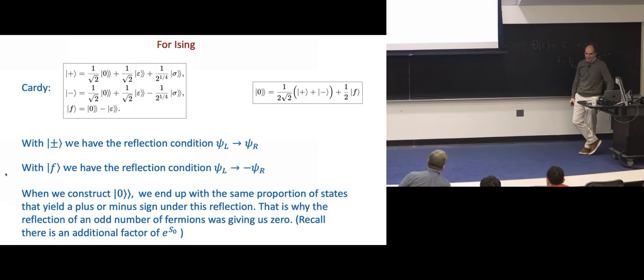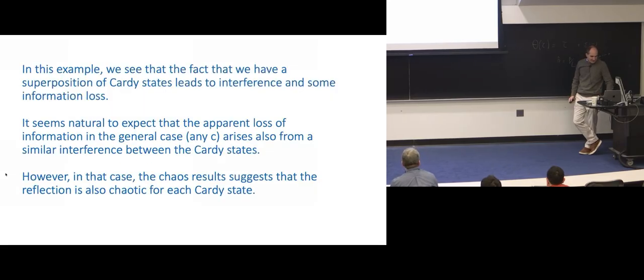So in this example, we see that we have a superposition of Cardy states, and it leads to some interference and information loss. And it looks like this apparent information loss has to do with the fact that we have this superposition of many different Cardy states, each of which has a unitary reflection matrix, but they are all being interfered.